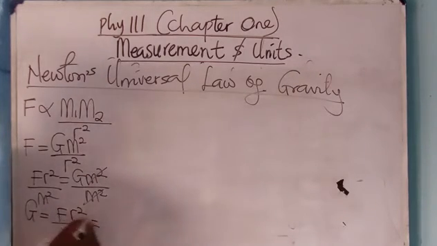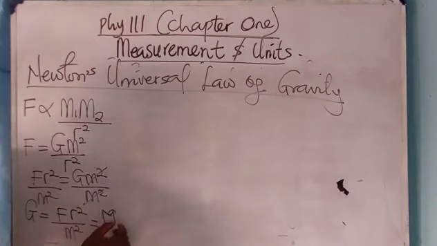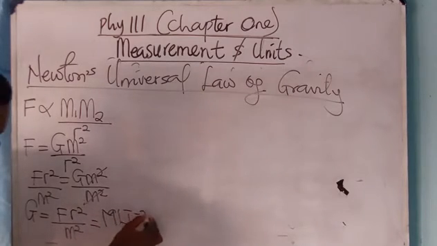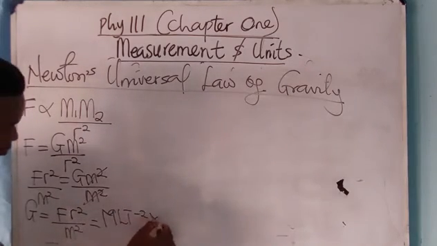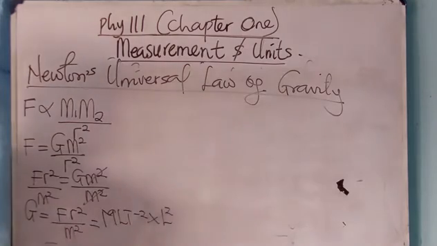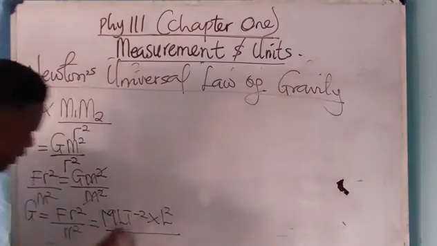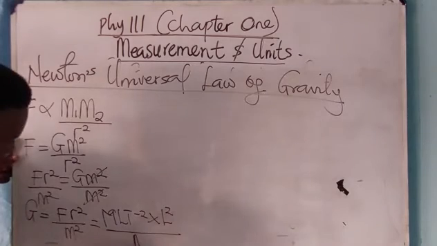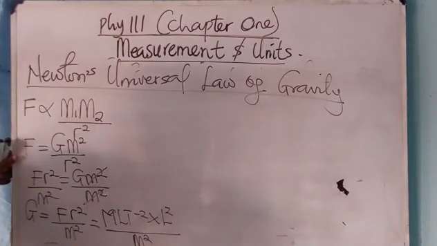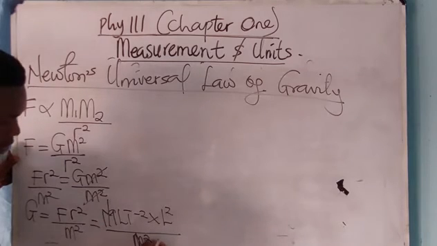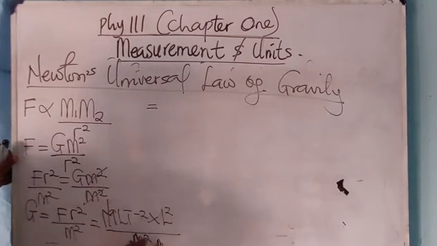Very easy. Force, as deduced before, is LT^-2. Then r is distance, which is L squared. The mass, you have two masses. Now, if one mass should cancel out one mass, I'm still left with one mass. Now, this one mass will go up.